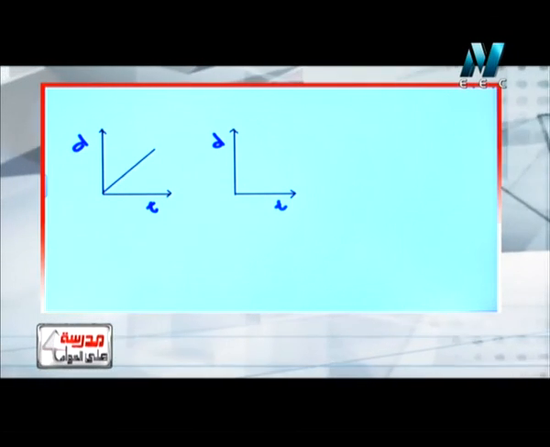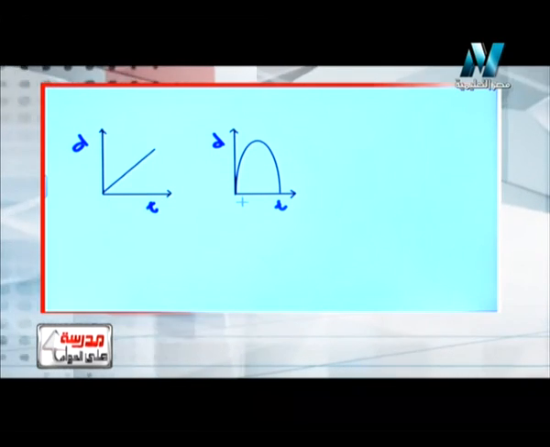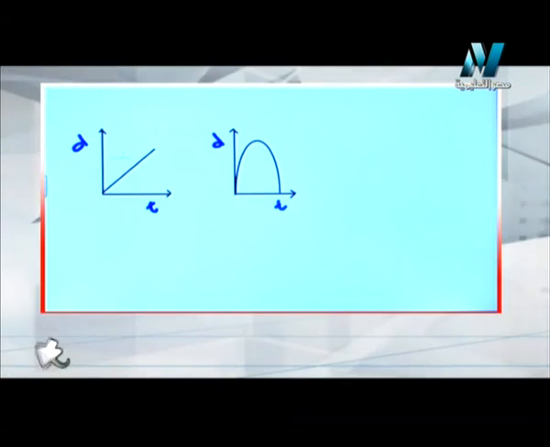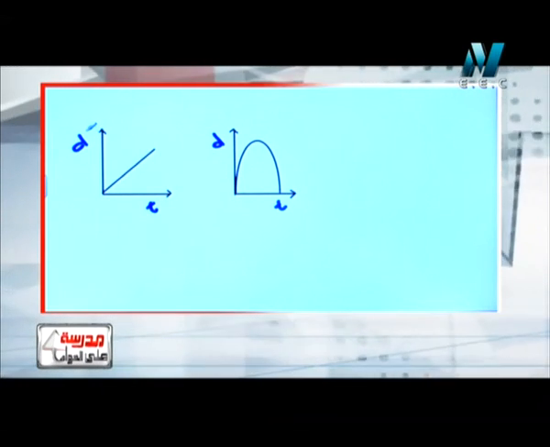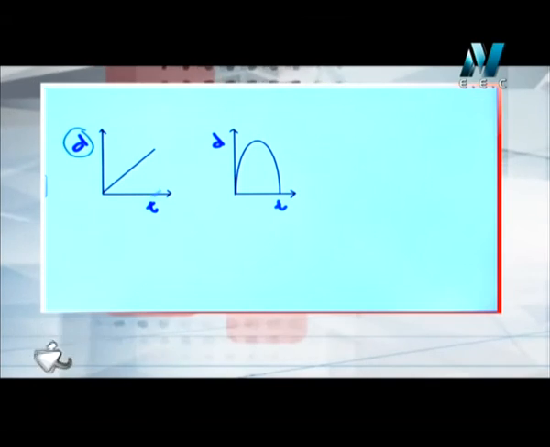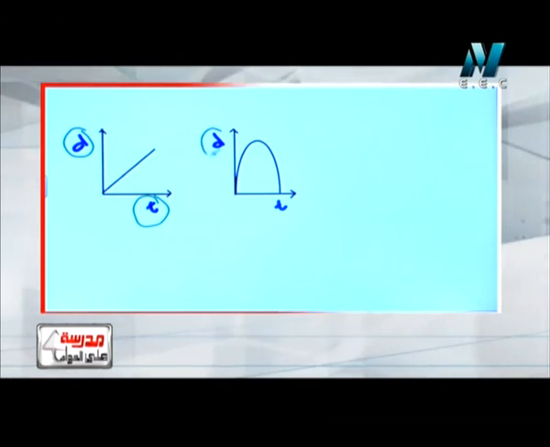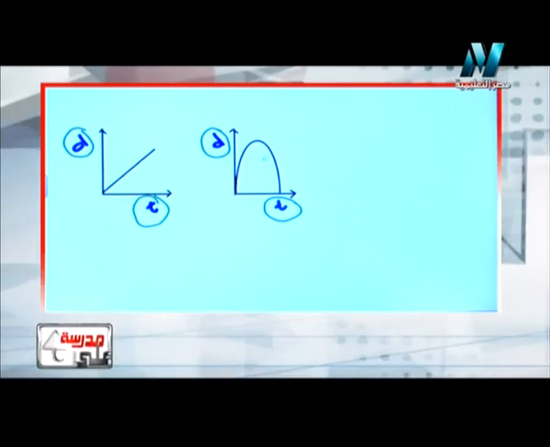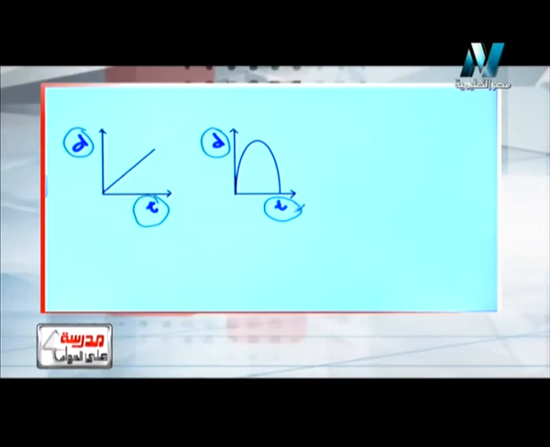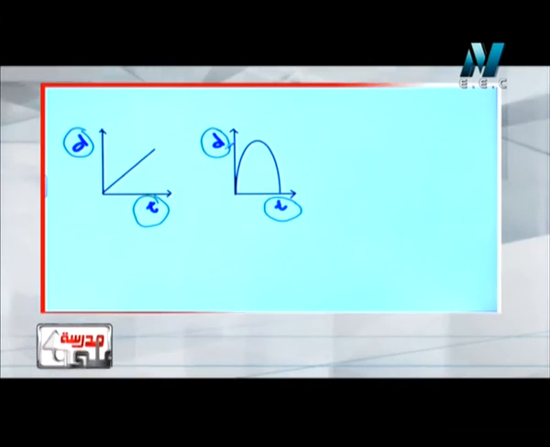And here if we draw a curved line, maybe like that or like that, here we talk about non-uniform speed. Because in the first case, as uniform speed, the body covered equal distances at equal periods of time, but in non-uniform speed the body covered unequal distances in equal periods of time, or equal distances in unequal periods of time. يعني one of them unequal and the other quantity is equal periods of time.